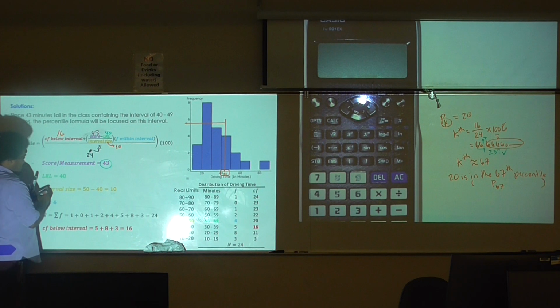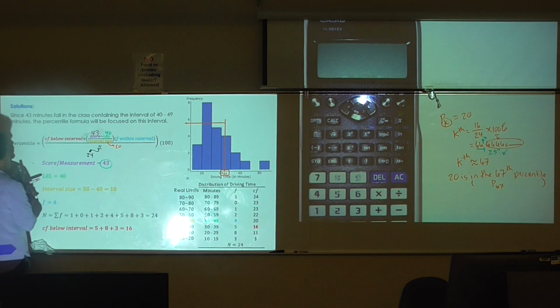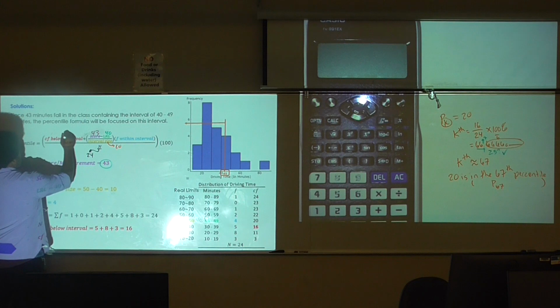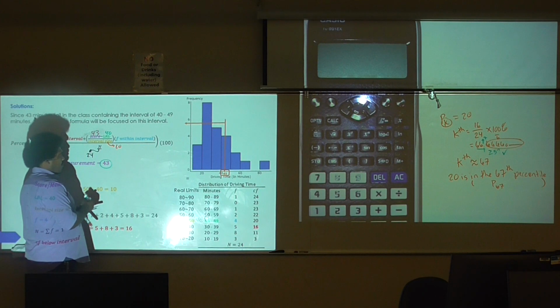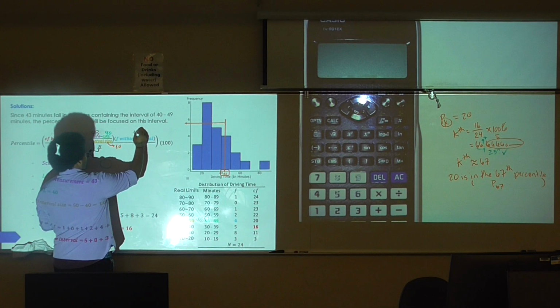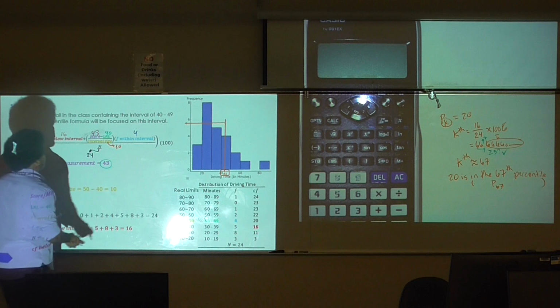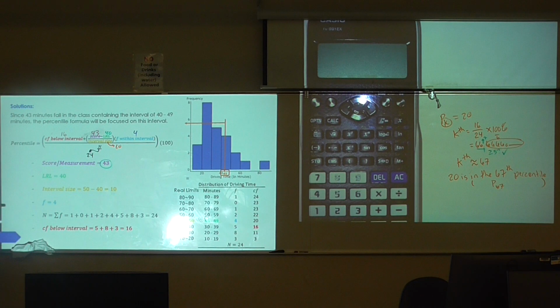That is orange, supposed to be red. And our frequency that corresponded with the interval was supposed to be 4. All that goes inside the parentheses with those values, and no one is obviously outside. We'll see that in the next slide, because it's a little messy over here, but that's what really happened.